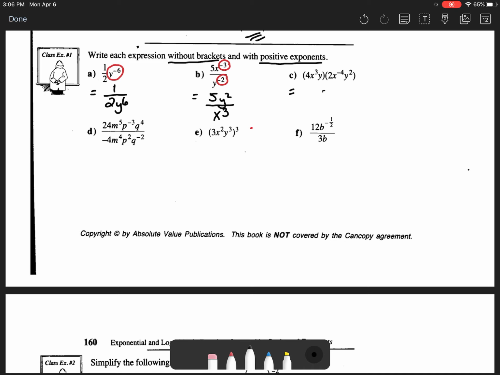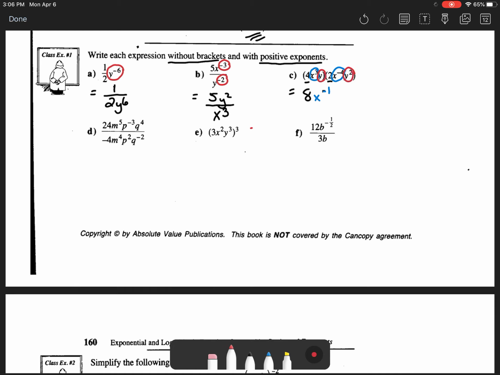In C, I have two brackets here that I'm going to multiply together first, because there are no exponents outside the brackets, and then take a look at what my expression is and then simplify from there. So the first thing I would do is go 4 times 2, and that gives me 8. Next, I would go x cubed times x to the -4, multiplying powers with the same base. You add the exponents. So that would be x to the exponent of -1.